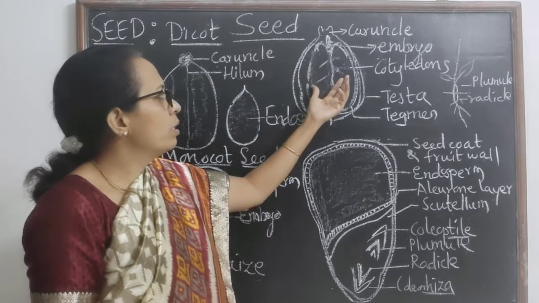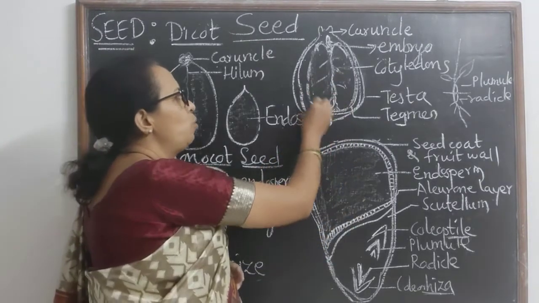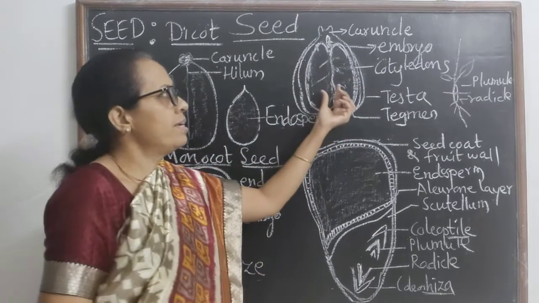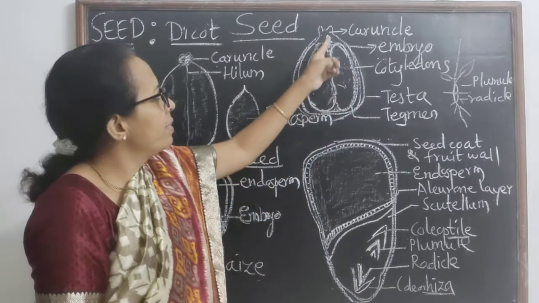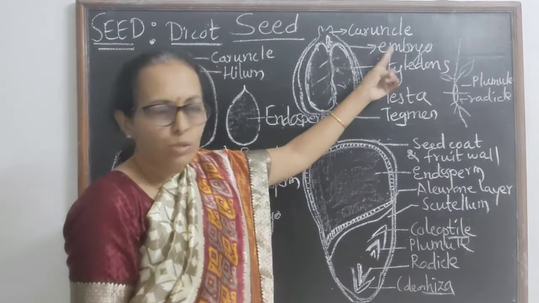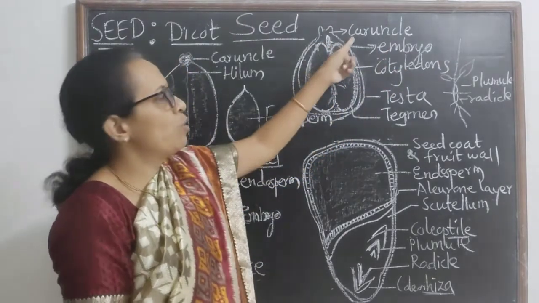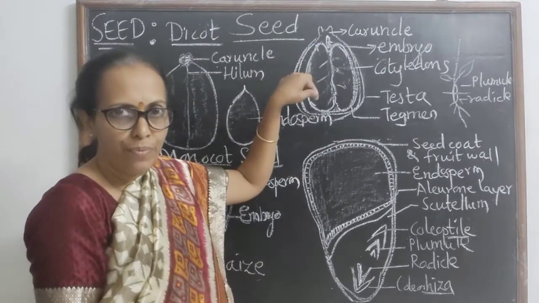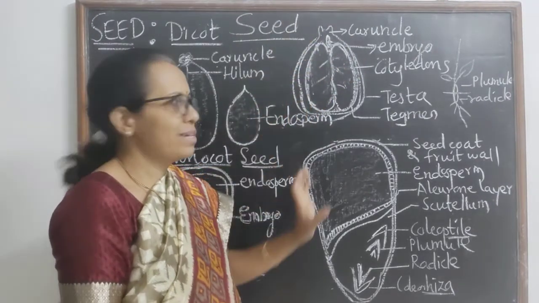Inside you are observing two cotyledons, and at the central axis you are observing the embryo. So in the vertical section also you are observing the presence of the caruncle, which is the source of water absorption during germination.